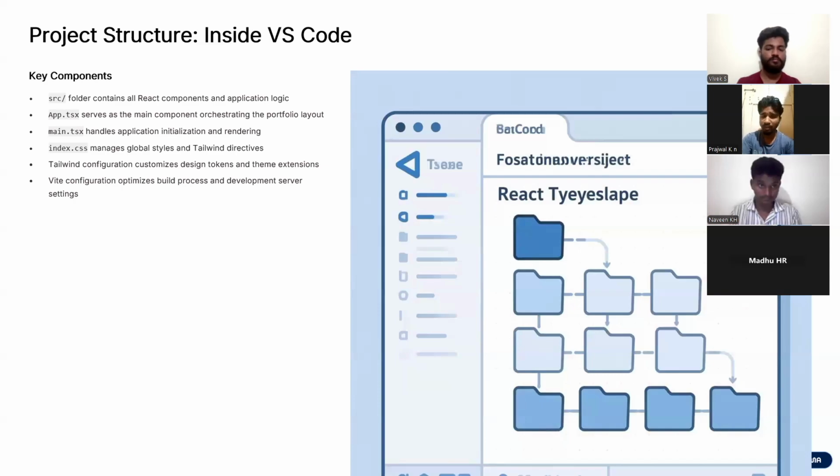Next, automatic CI/CD with GitHub. Every time new code is pushed to GitHub, Azure automatically builds the project, optimizes the assets, and deploys the updated website, with no manual uploading required.